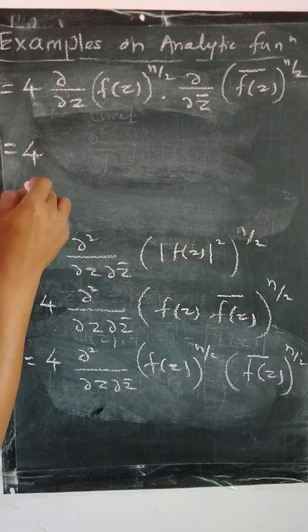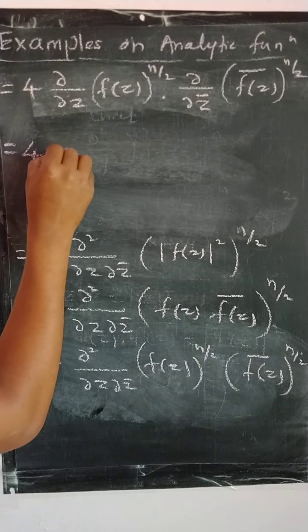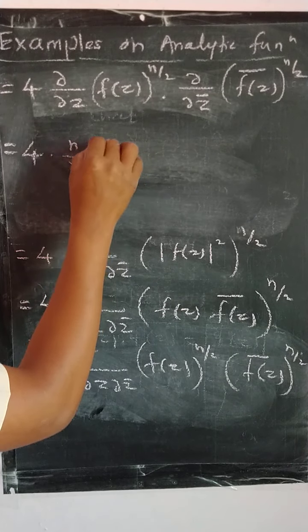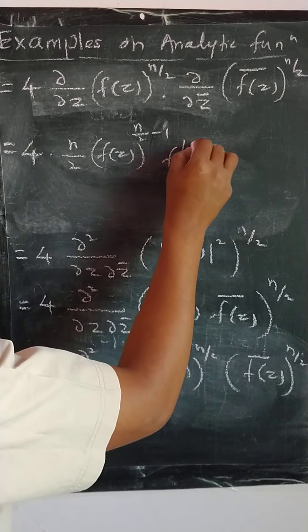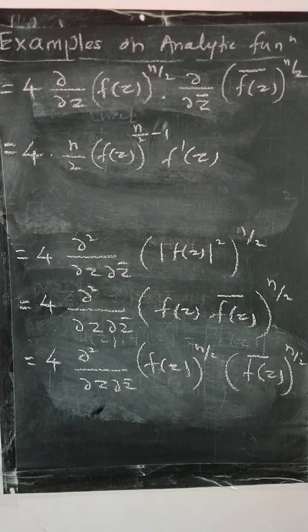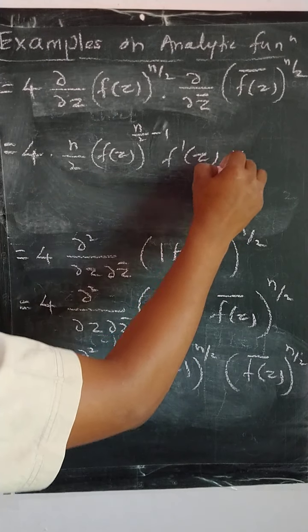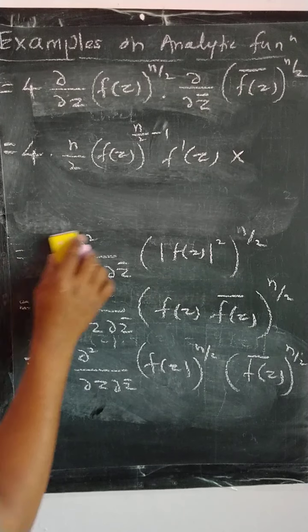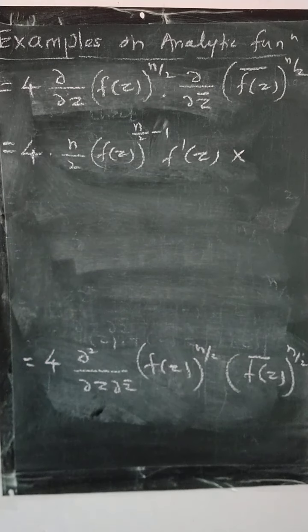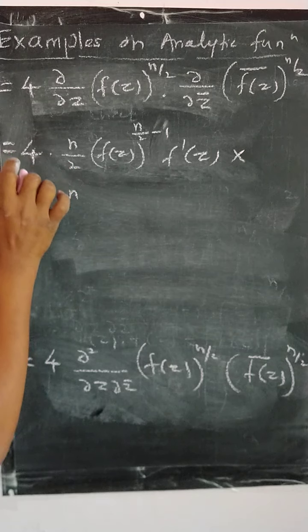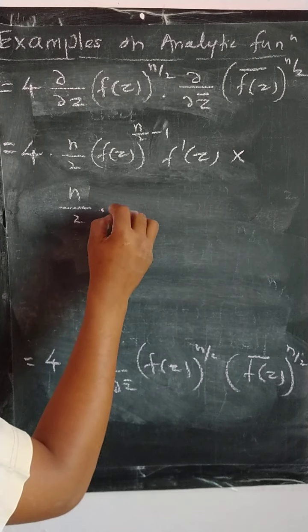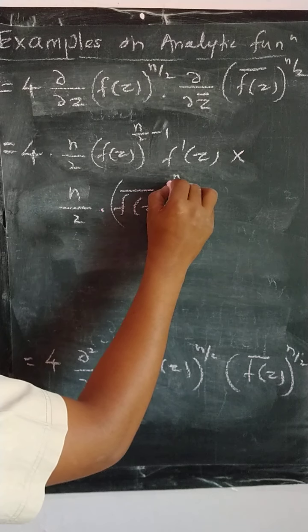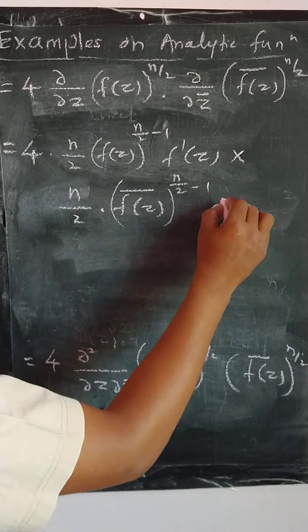Which equals 4 times the derivative of this function, n by 2 f of z raised to n by 2 minus 1 into the derivative of f of z, f dash of z, into the derivative of this with respect to z bar, which equals 4 into n by 2 into f of z bar raised to n by 2 minus 1 into f dash of z bar.